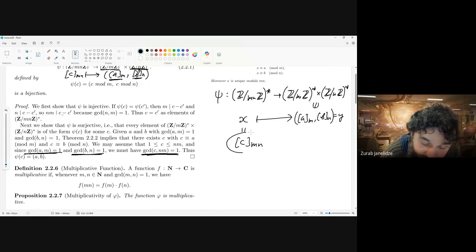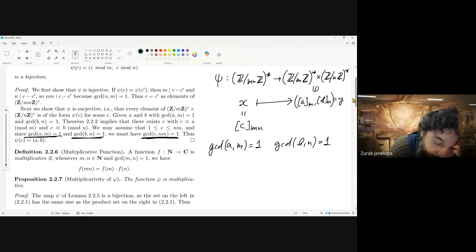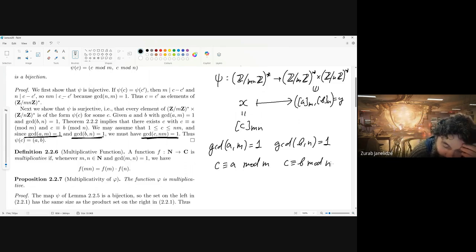But now we need to ensure that this actually does fall in the star construction. We know that the others do, so we know that GCD of A and M is 1. We know that GCD of B and N is 1. And what else do we know? We know that C and A are congruent to each other modulo M. And also C and B are congruent to each other modulo N, sorry. How do we know that?